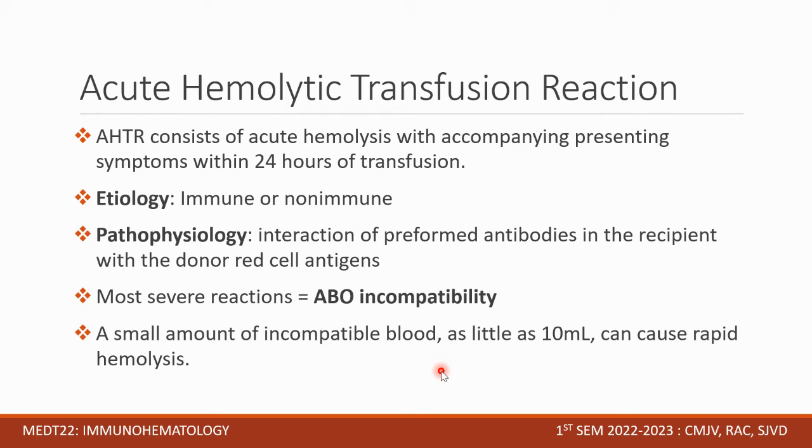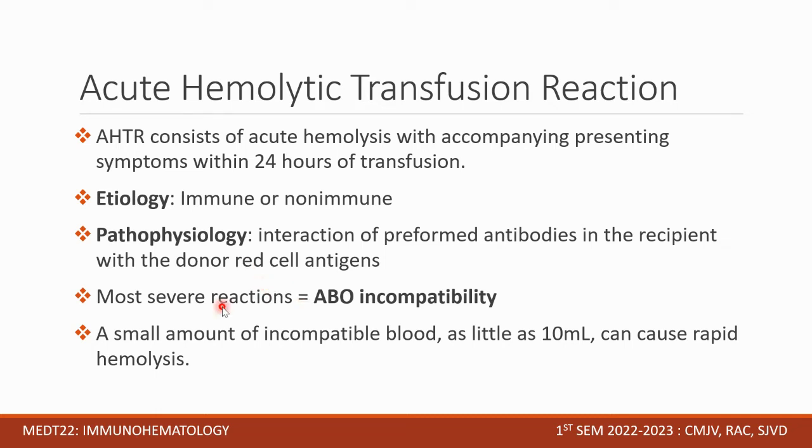Okay? So AHTR consists of acute hemolysis with accompanying presenting symptoms within 24 hours of transfusion. So kaya nga siya acute, within 24 hours nag-show ang inyong signs and symptoms. The cause can be either immune or non-immune. And this is caused by interaction of preformed antibodies in the recipient with the donor red cell antigens.